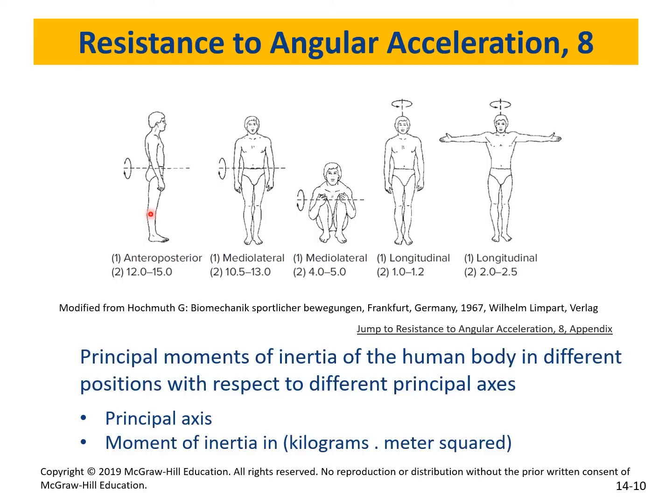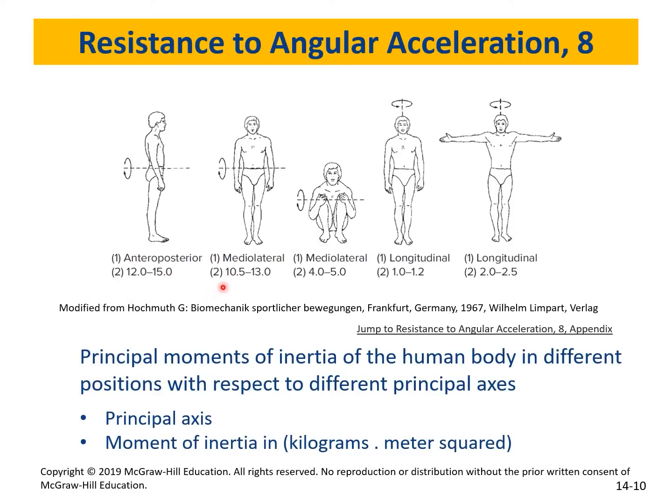So I'm swinging in this plane and flipping in this plane. Because the masses are distributed away from the center of rotation, the moment of inertia will be large. So you are rotating like this, and that's 12 to 15, correct? This is called anterior posterior rotation. Moment of inertia, and that is 12.